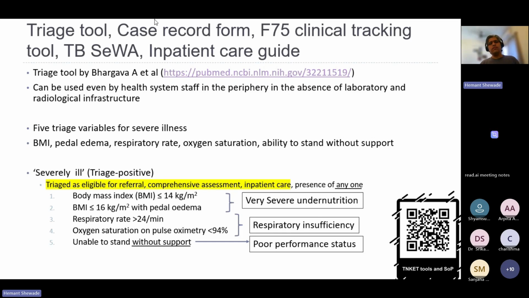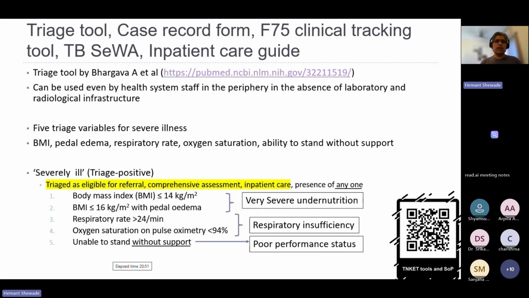Then in around 150 nodal inpatient care facilities, which were mapped before April 2022, with around 600 to 900 TB beds earmarked, a case record form was introduced to ensure basic minimum comprehensive assessment and documentation of inpatient care details if a triage positive is referred to one of the nodal inpatient care facilities. And if the triage positive also has very severe undernutrition, in addition to the case record form, we introduced the F75 clinical tracking tool. So these 3 were the paper-based tools that were introduced.